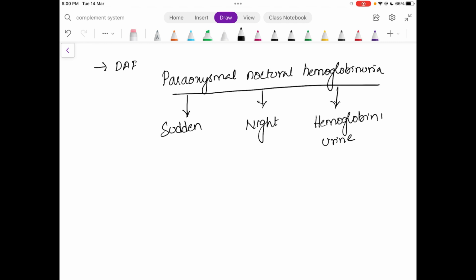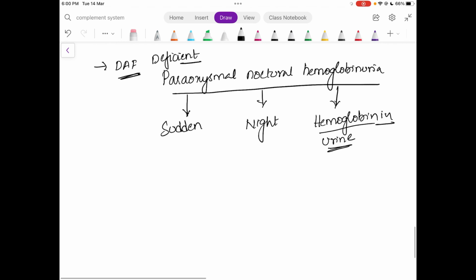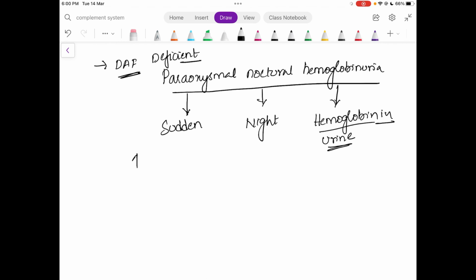Hemoglobin in urine. Okay, why hemoglobin in urine is seen? Because if DAF is deficient, what will happen? If this DAF is deficient, there is increased complement activity.